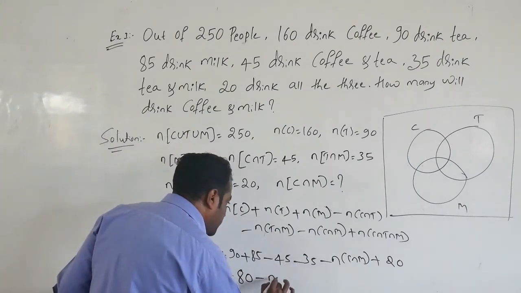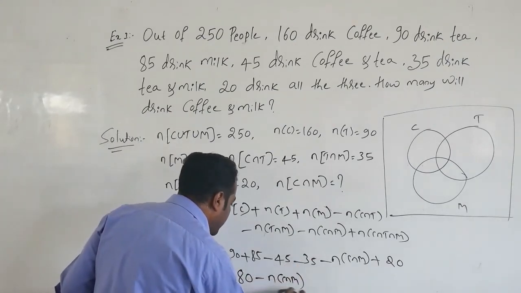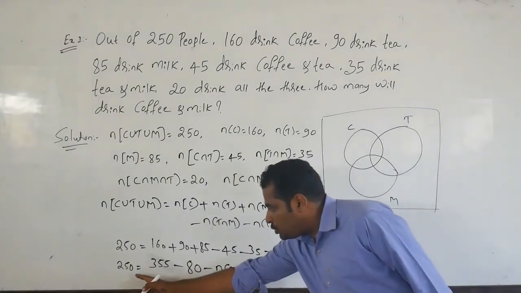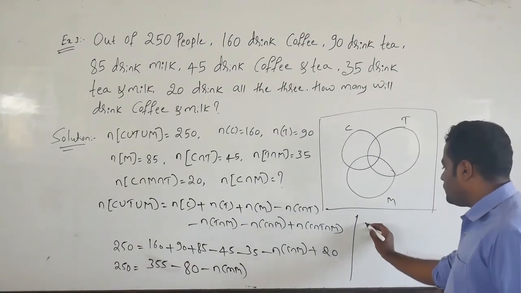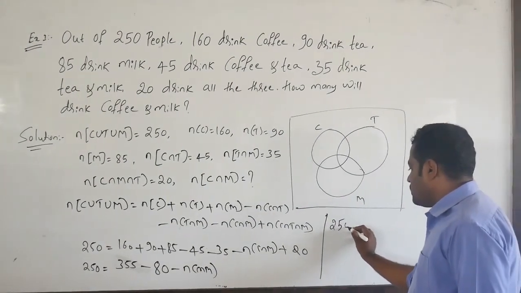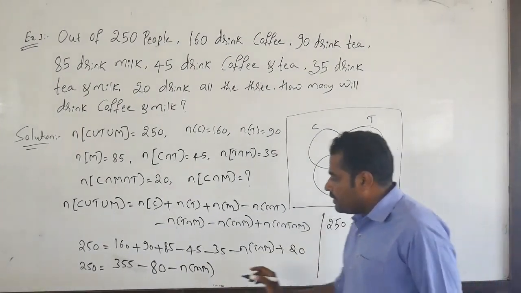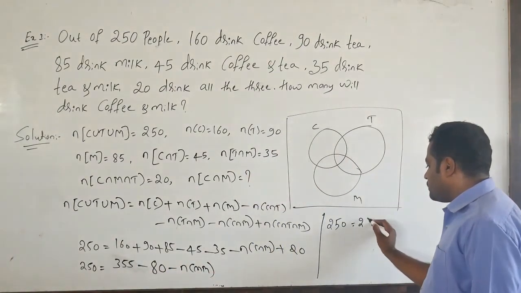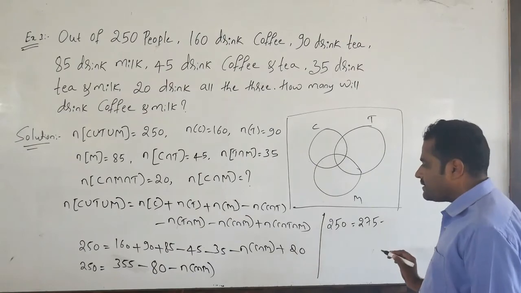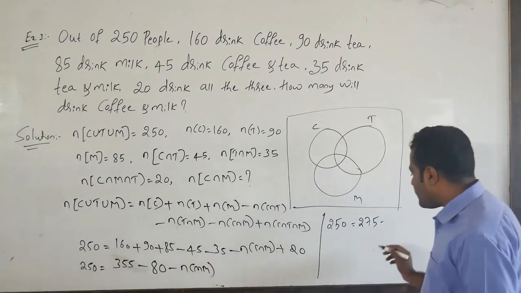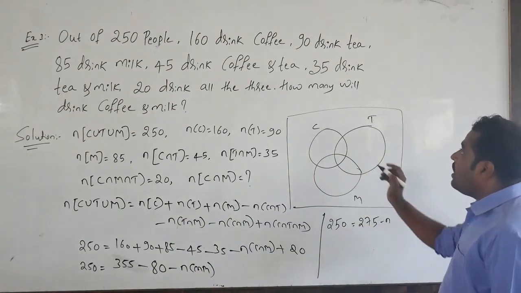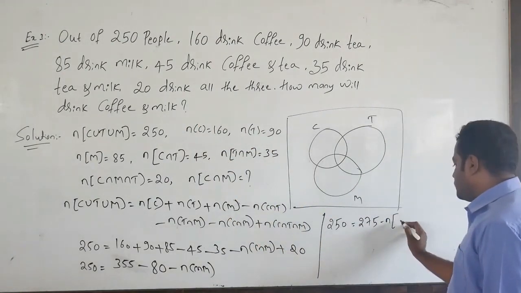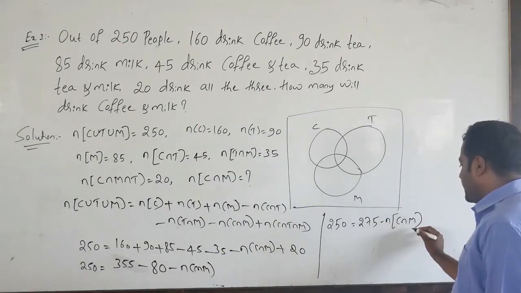That minus n of C intersection M as it is. 250 is equal to 355 minus 80, nothing but 275, minus n of C intersection M. That is the question, how many will drink coffee and milk? C intersection M as it is.